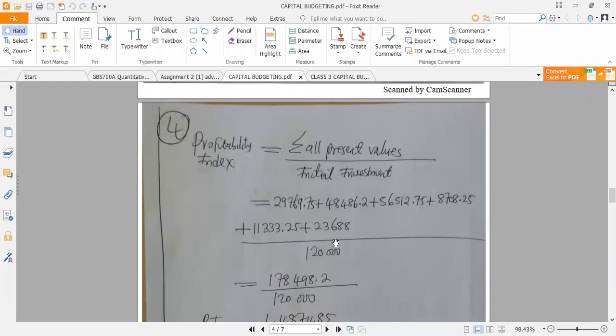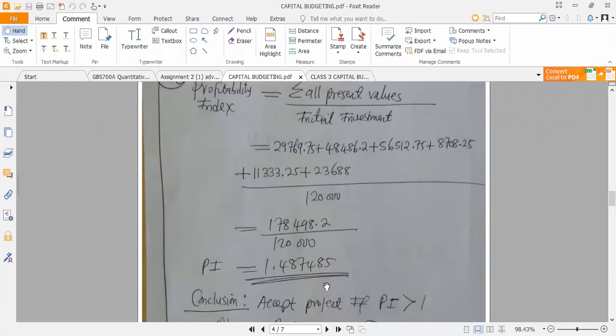So we divide by 120,000. So we are getting profitability index as 1.487485. So an interpretation for this profitability index is that our initial investment has gotten into our recoveries 1.5 times. Okay? Are we together?